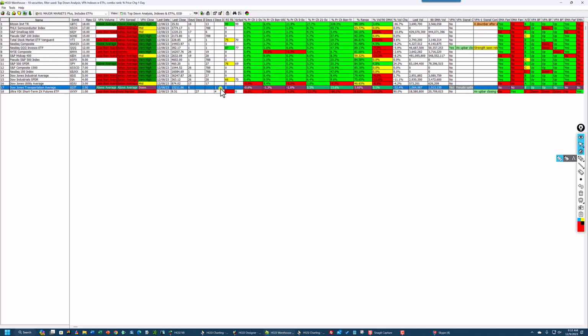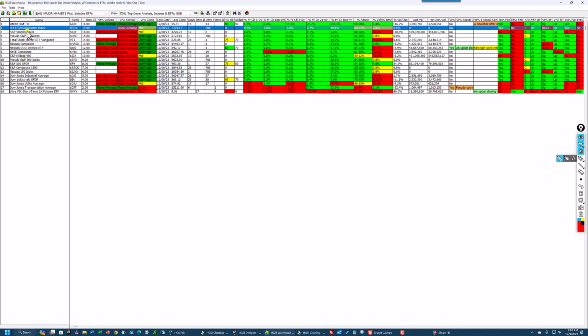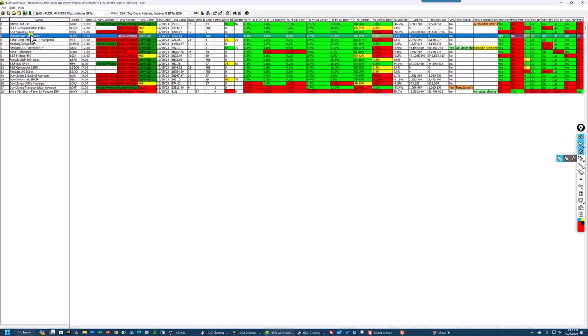Down at the other end of the spectrum, the transports were down 0.6, 1.3 beginning of the week, and 1.6 for 5 days. So just looking at this, you can tell immediately the strength was in the SOX, the S&P 600, and the S&P 100.